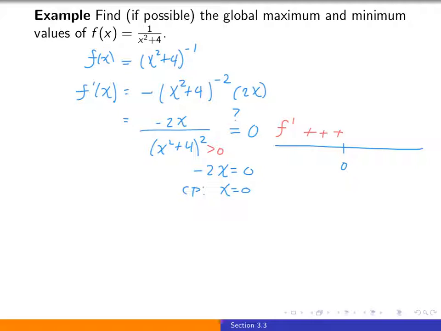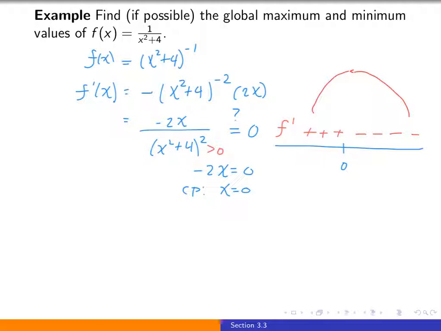If I plug in a positive value of x, to the right of 0, I have a negative times a positive, which is a negative. So the first derivative is positive to the left of 0, which means it's increasing, and then everywhere to the right of 0, it's decreasing.